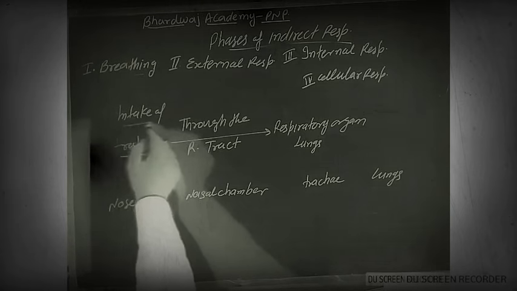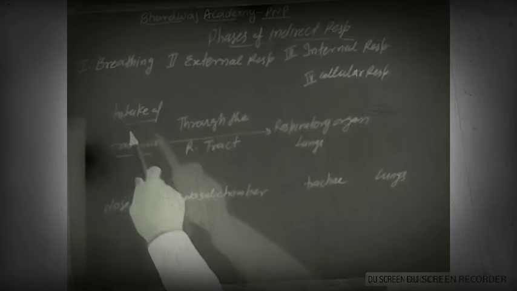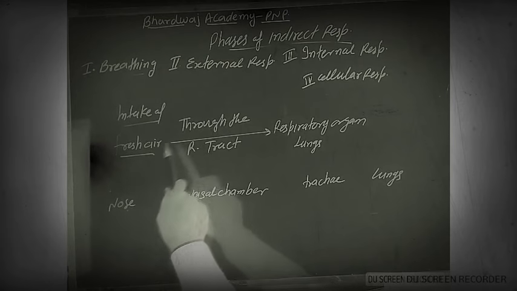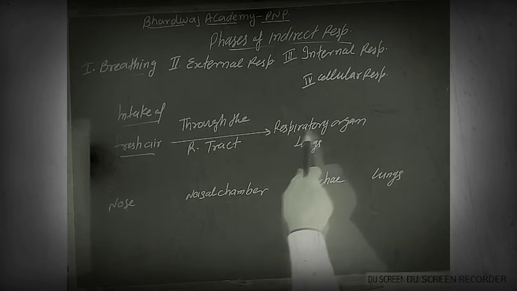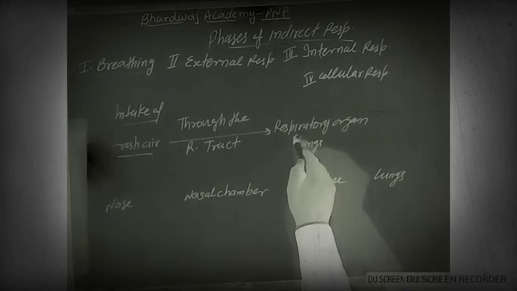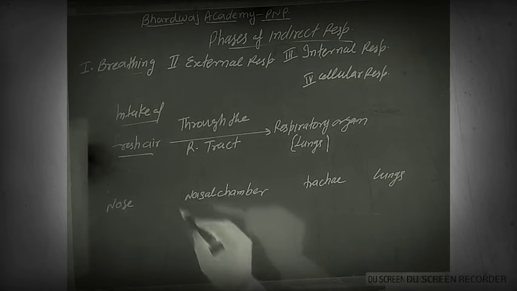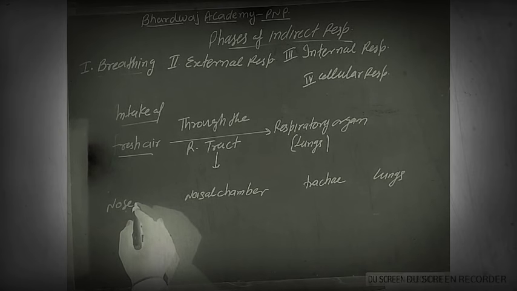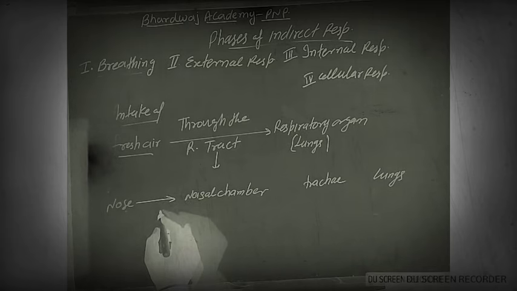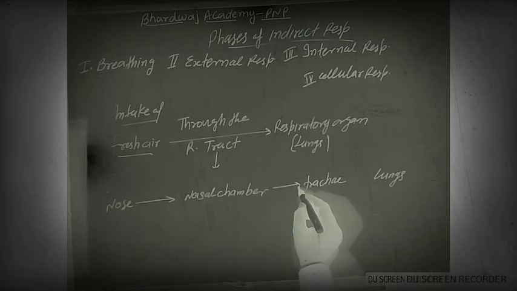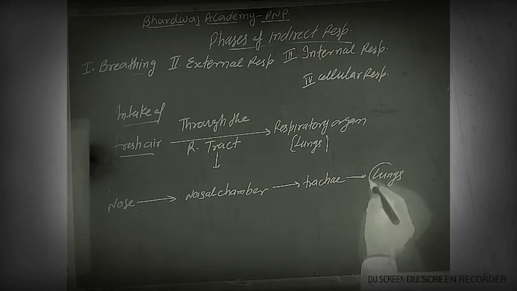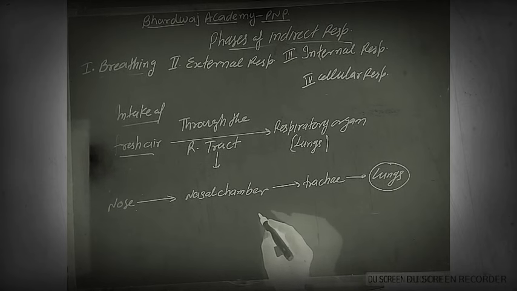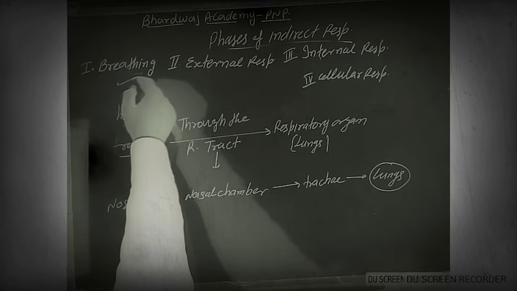The respiratory tract means the passage from which fresh air enters into the lungs. The air first enters into the nose, then the nasal chamber, then the trachea, and last reaches the lungs. This is called breathing.